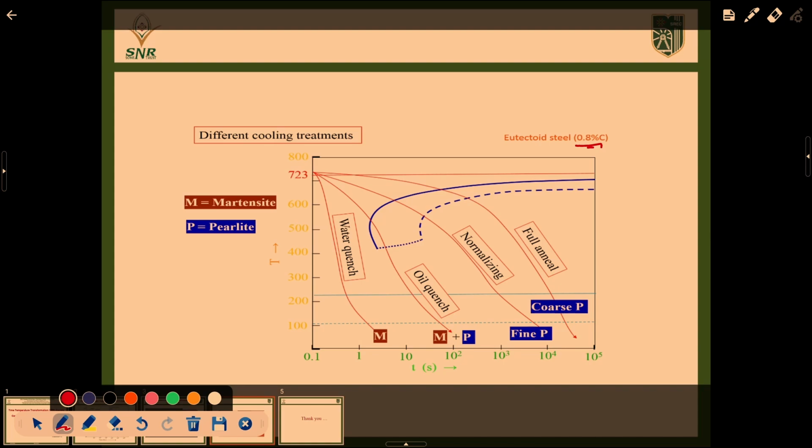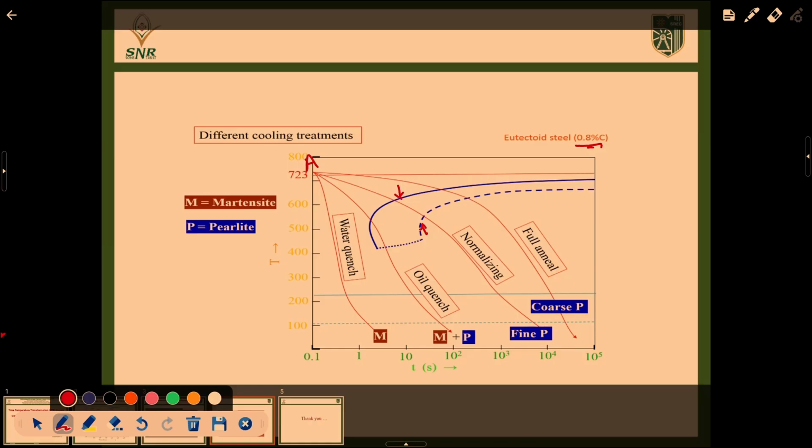You can see that in the water quenching process, austenite is transformed to martensite. In oil quenching, martensite plus pearlite comes, almost upper bainite, and automatically enters the pearlite portion. In the normalizing process, doing it in normal atmosphere condition, we get fine pearlite. All the transformation starting and ending points cross almost the C nose point at 550 degrees centigrade, and after that we get fine pearlite.